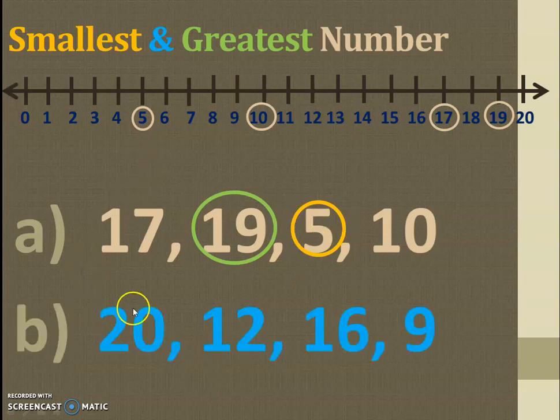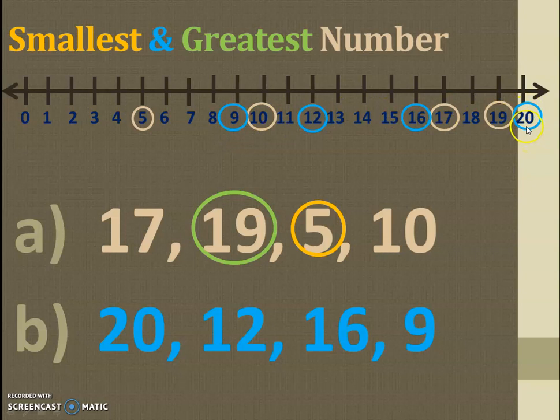Now similarly, the second set of numbers is given. I'm going to mark these all on the number line. Now it is 20, 12, 16, 9. I have marked all the four. Now on these four blue rings, which is the first one? Yes, it is 9. So 9 is the smallest number. And which comes last? 20.